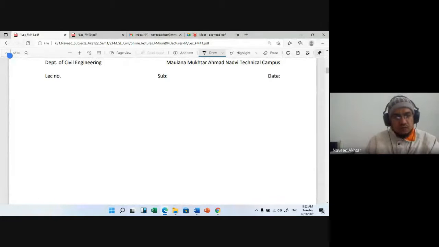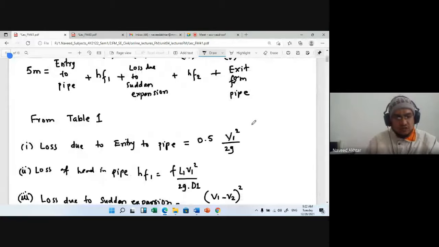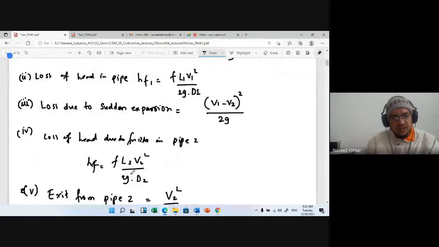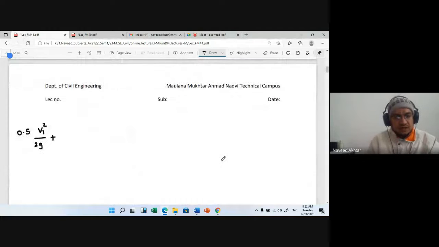First is 0.5 V1 square upon 2g, plus the loss due to friction hf1, that is f L1 V1 square upon 2g D1. Here f is the friction factor, this value we don't know, so this we have to find out.